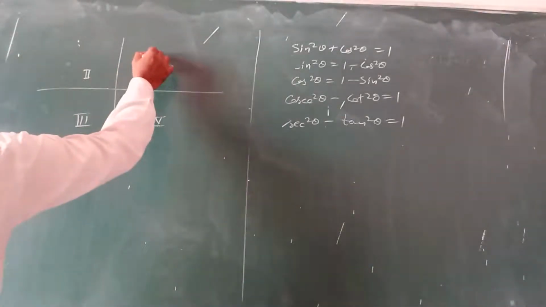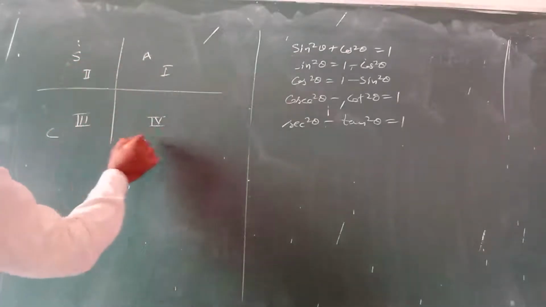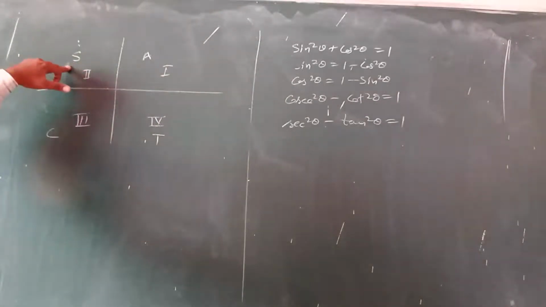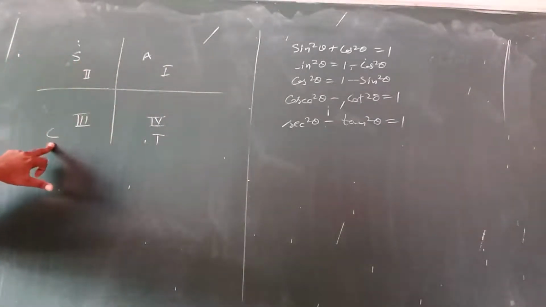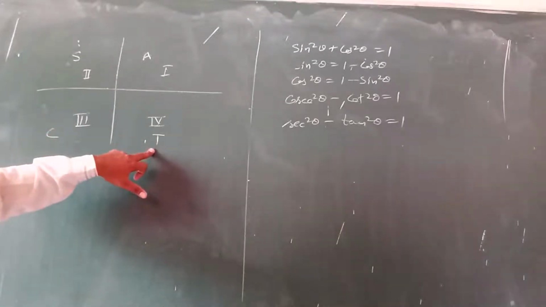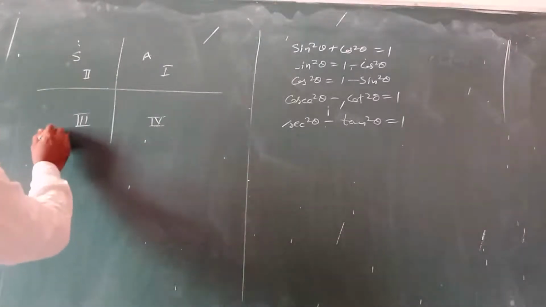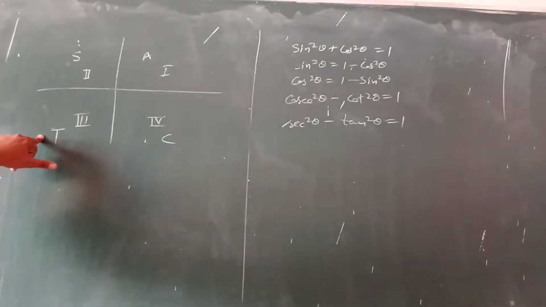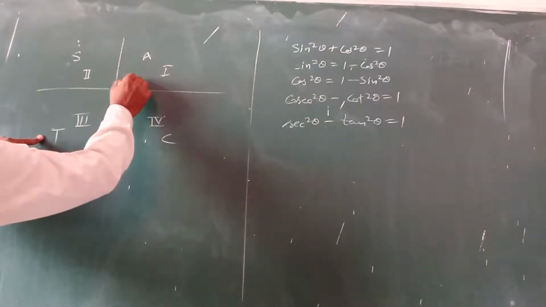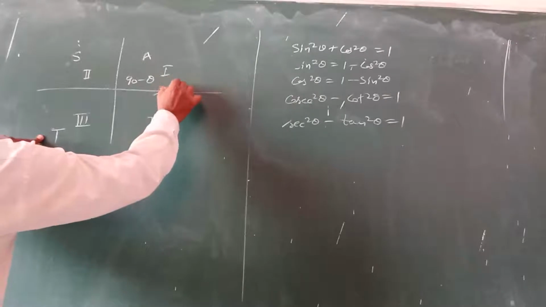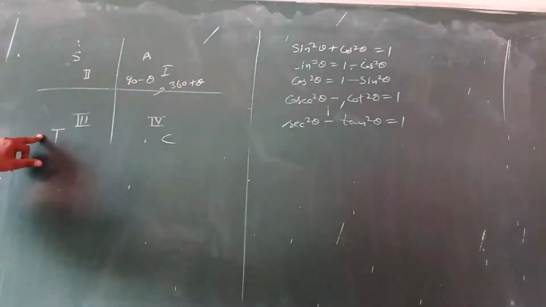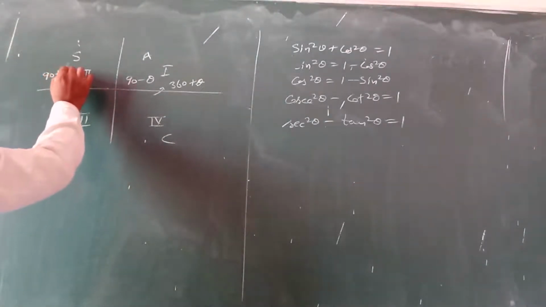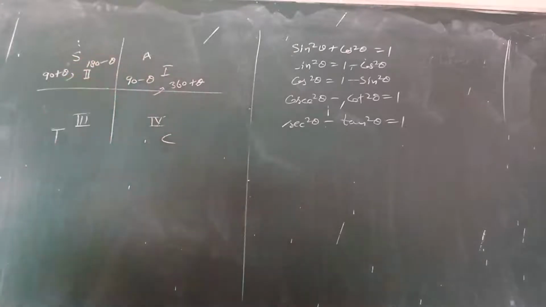Here all of sin, cos, tan will be positive; here sin and cosec will be positive; here tan and cot will be positive; here cos and sec will be positive, in all angles. This first quadrant has the angles 90 minus theta and 360 plus theta. The second quadrant has the angles 90 plus theta and 180 minus theta.